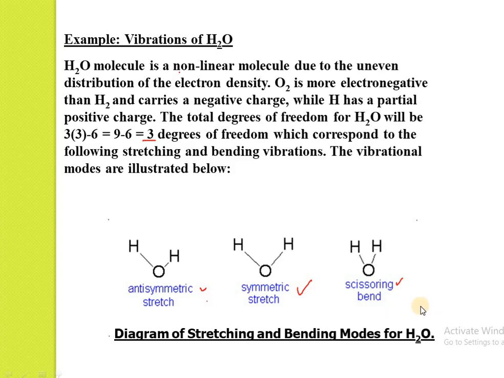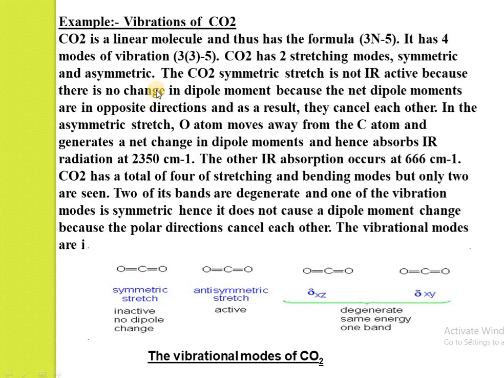Similarly, we can take another example in which the molecule is linear, that is carbon dioxide. Carbon dioxide is a linear molecule, so we have the formula 3n minus 5.